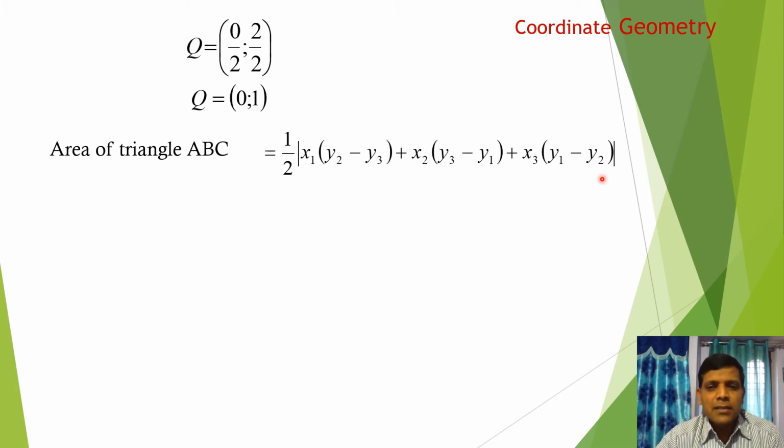Based on the question, how do we find the area of triangle ABC, and at the same time the area of the triangle formed by the midpoints of the sides? P is the midpoint of AB, Q is the midpoint of AC and R is the midpoint of BC. At the same time, how do we find the area of triangle PQR also? Are you clear?